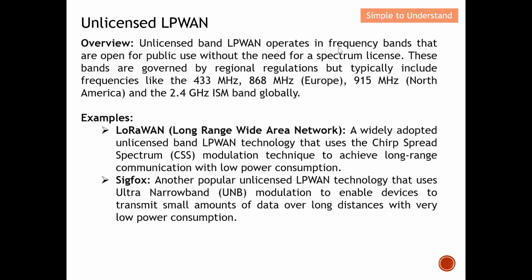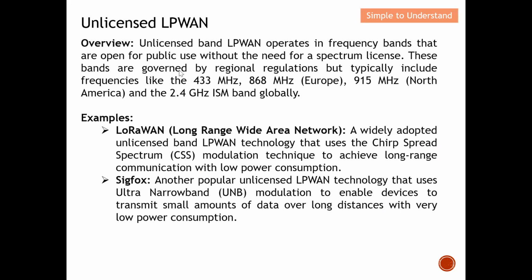We do not need to have a spectrum license in order to use Bluetooth. As the word suggests, this unlicensed band is open for the public to use, and you don't need any license in order to use this connectivity. So this is what we call the unlicensed LPWAN.